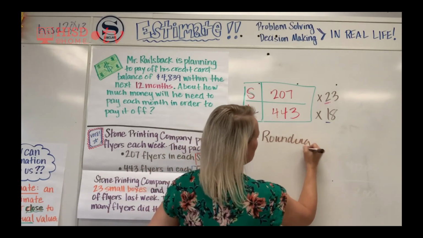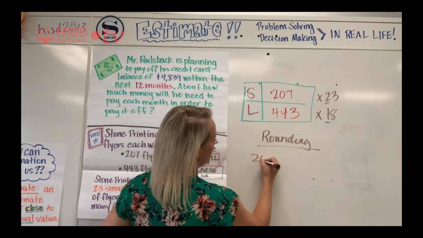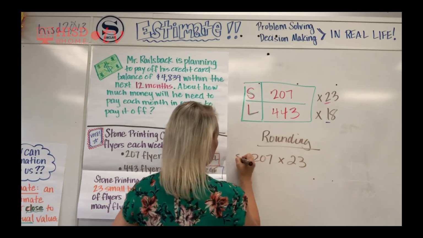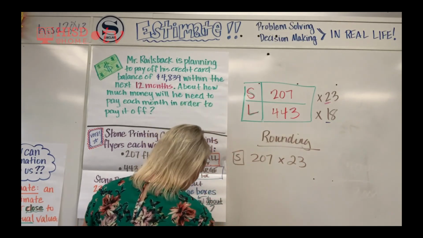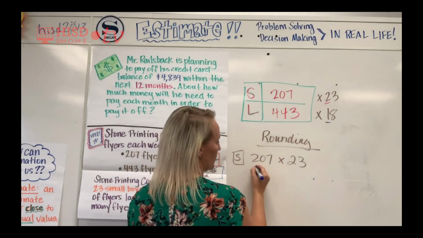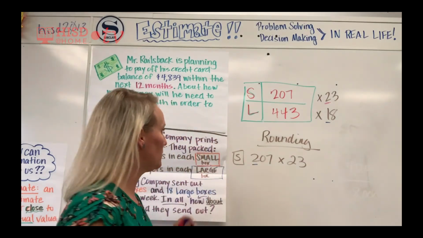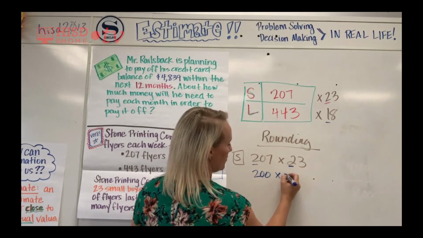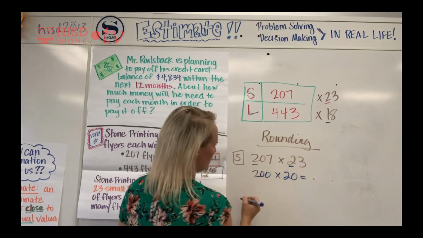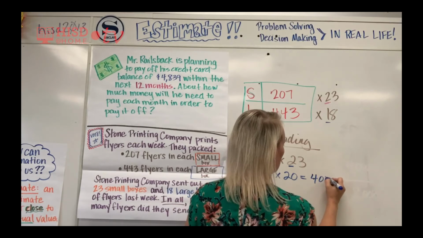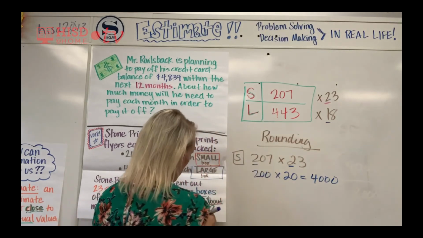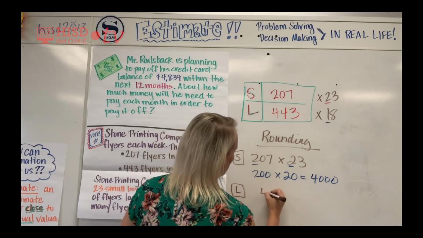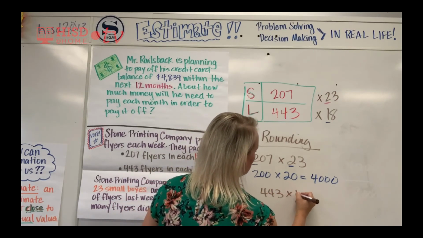If I used rounding, I would take the 207 times 23 for small. We're only doing small first. And I would say that 207 rounding to the largest place value is 200 times, same here, 20. So for the small, I would have 4,000 again. But for the large, look at the large. 443 times 18.